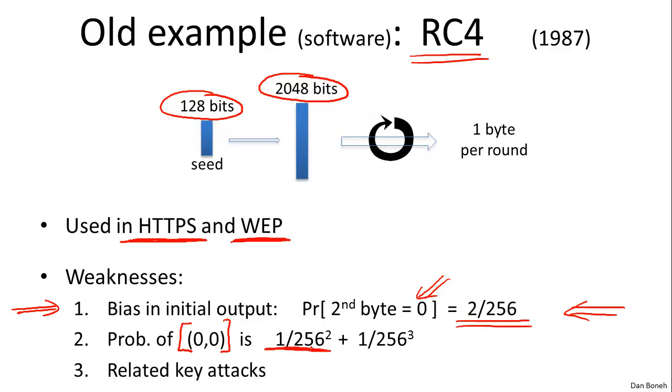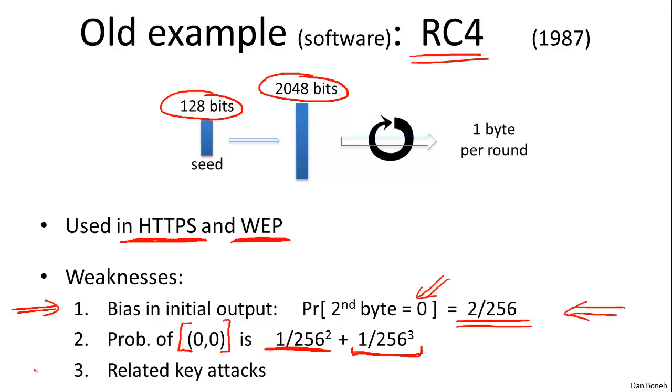It turns out RC4 is a little biased, and the bias is 1 over 256 cubed. This bias actually starts after several gigabytes of data are produced by RC4, but nevertheless this is something that can be used to predict the generator, and definitely it can be used to distinguish the output of the generator from a truly random sequence. Basically, the fact that 00 appears more often than it should gives a distinguisher.